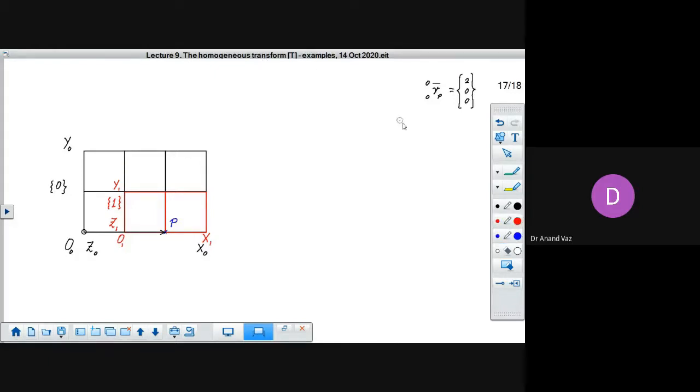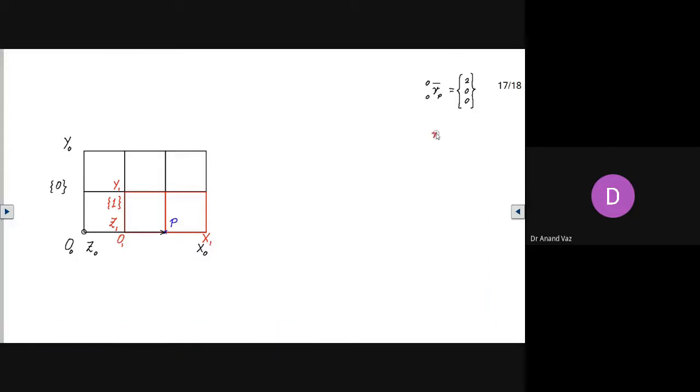So you will see that the position of the same point P, as observed from the origin of the frame 1 and also expressed in terms of the frame 1, will be equal to just one division to the right, that is 1 along the x-axis, 0, 0.